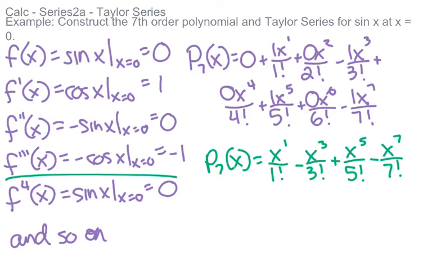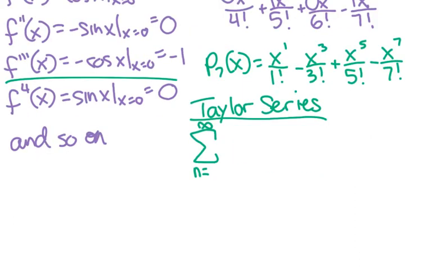Now let's try to expand this into a general form. Let's start at n equals 0, and I'll explain a little bit more in a moment. But I need to raise negative 1 to the n. So if I raise negative 1 to the n, the first coefficient I get is 1, since negative 1 to the 0 is 1.